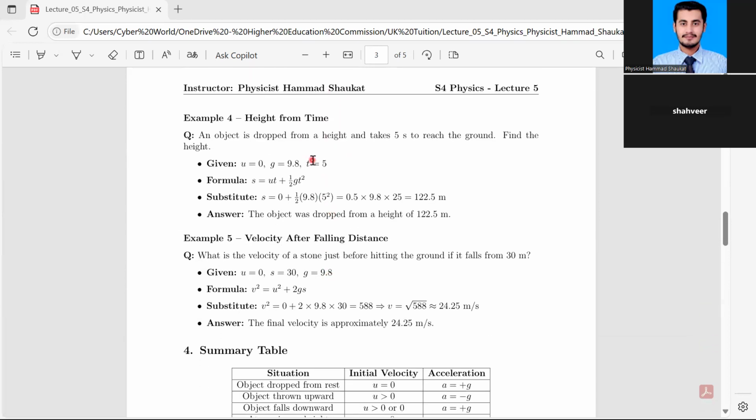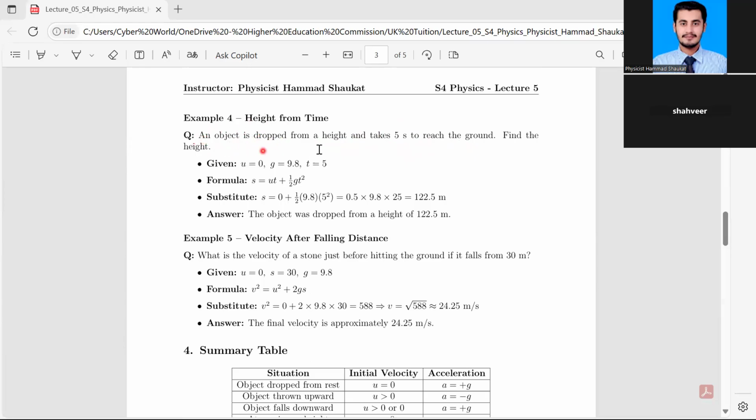So here is our fourth example. An object is dropped from a height. From this, is it against gravity or under the action of gravity? Under the action. Yes, under the action of gravity. And it takes 5 seconds to reach the ground, so time is given.